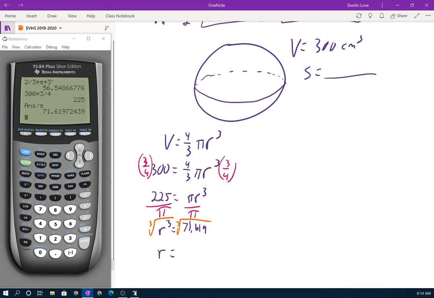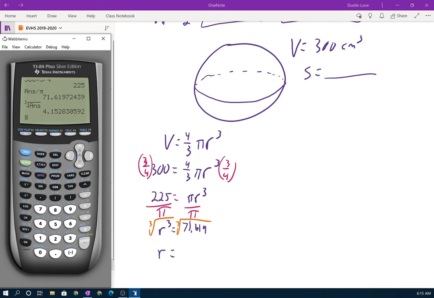Now we go to math 4 for cubed root, and I'm pressing second answer, which is second and then the negative at the bottom. By the way, if you're going to do this without the answer option there, you probably need to carry that decimal out quite a ways so that you don't get a rounding error here.